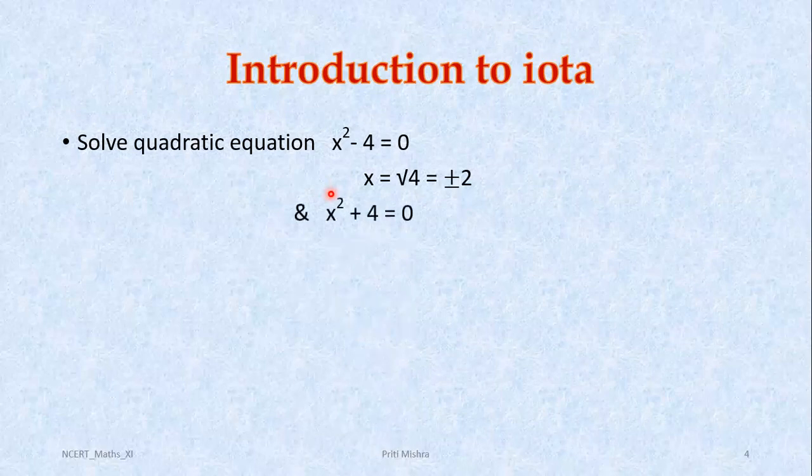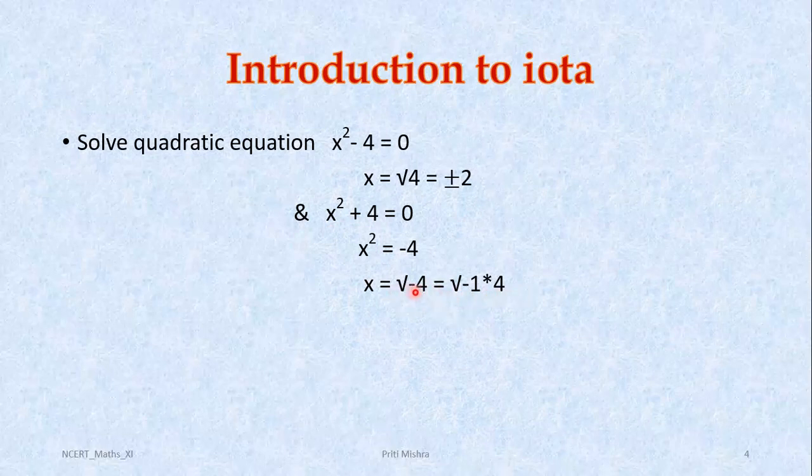But if I ask you to solve x square plus 4 is equal to 0, the only difference you can see here is the sign in these two equations. So you will write it like x square is equal to -4, and you have to find out the square root of -4 now, which you didn't study till now. So what we will do, we will write it like square root of -1 into 4.